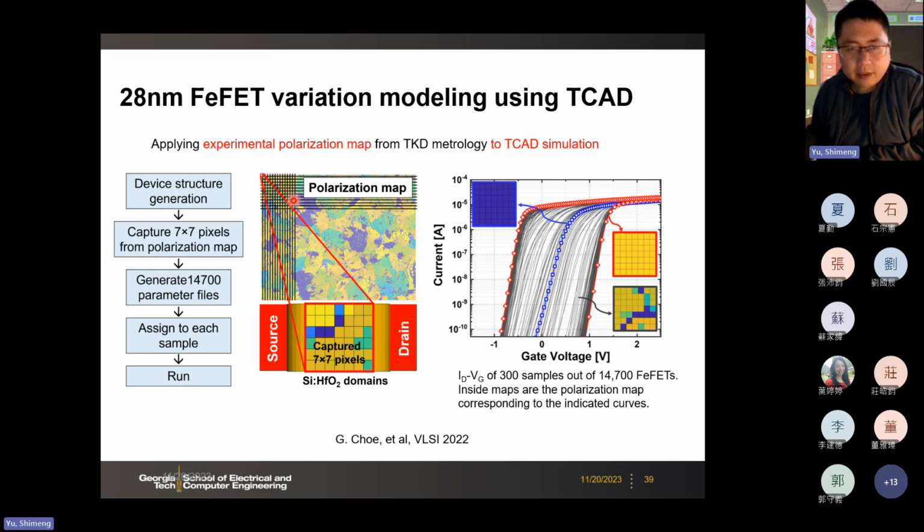And then we have so many devices from this wafer. If you do the TCAD simulation, you will get the IDVG distribution depending on the location of the device on the wafer. If all the tables are up or all tables down, you get the most left or most right IDVG, or if you have partial up and partial down, you have somewhere in the middle.